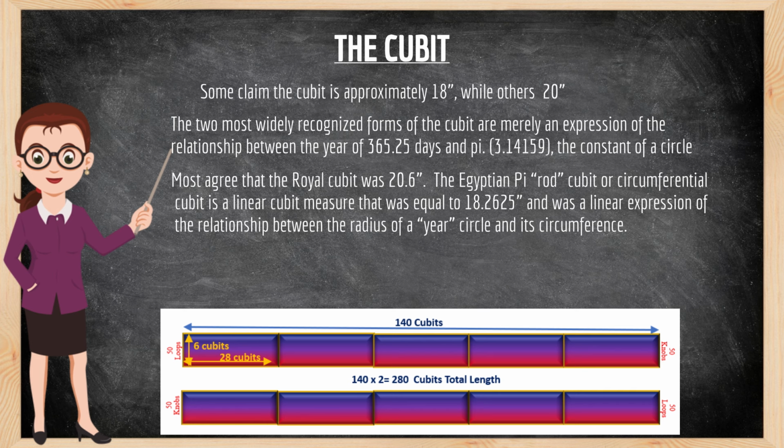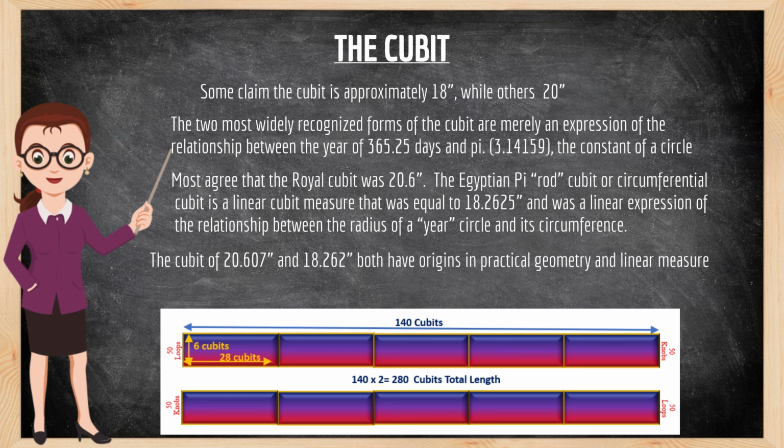Now, the Egyptian pi rod cubit, or circumferential cubit, is a linear cubit measure that was equal to 18.2625 inches and was a linear expression of the relationship between the radius of a year circle and its circumference.